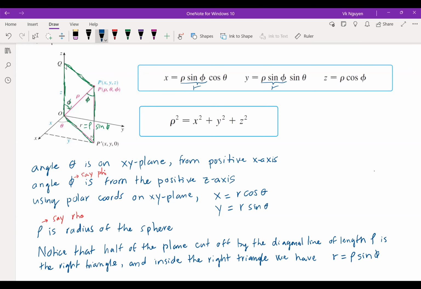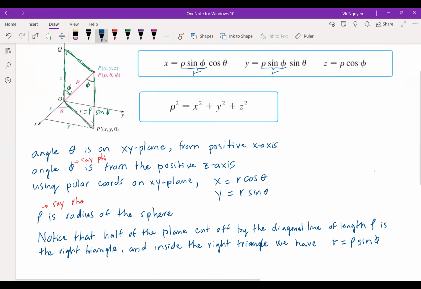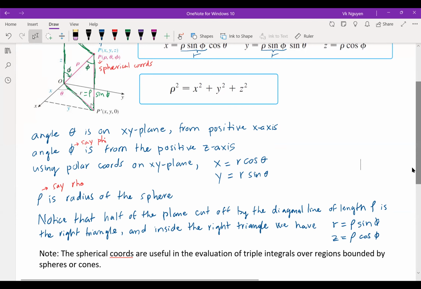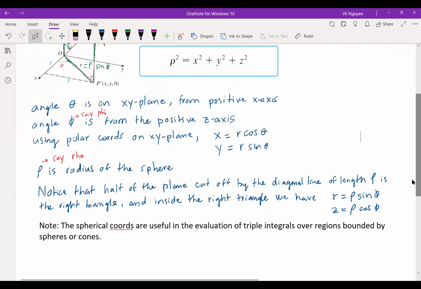Well, how do we figure out z? z is also on the adjacent side. So z is rho cosine phi. Similar to the previous section, we're just gonna do a few examples here so you can do the conversion back and forth.